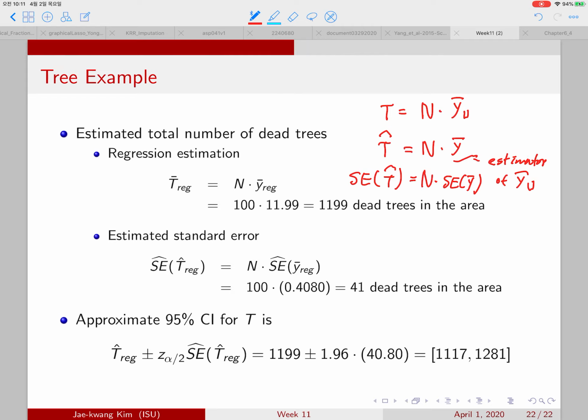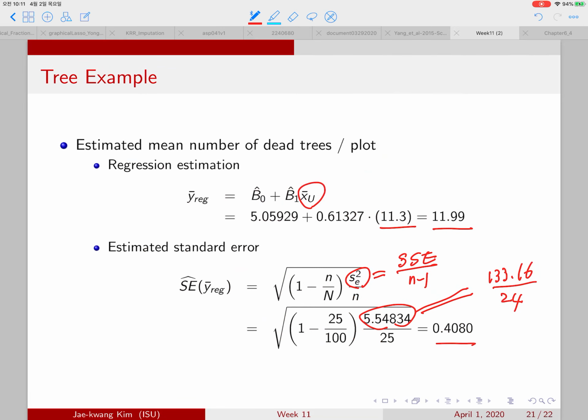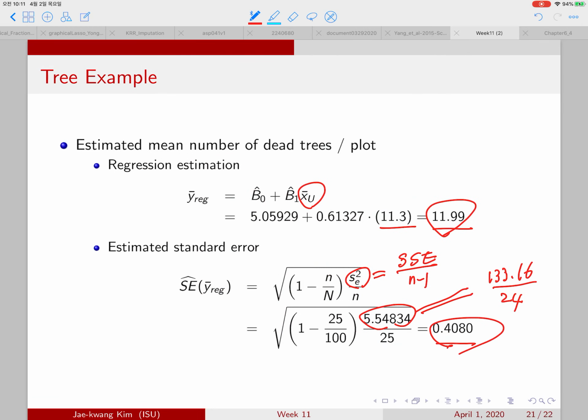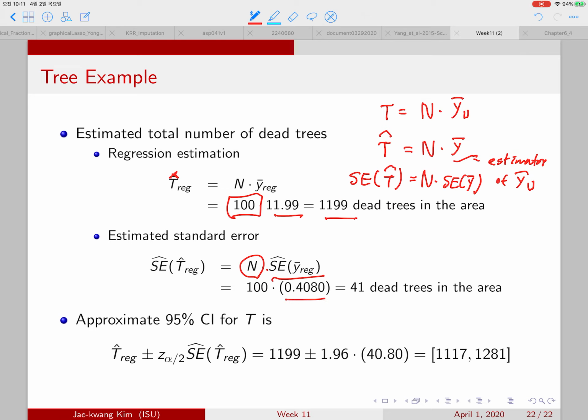Okay, so that's basically what's going on here. So you just multiply 100 times the 11.99. So that means the regression estimator of the total is 1199, and so that is an estimate. And the standard error is N times the standard error of the regression estimator, which is 0.4080. So that we obtain this value.